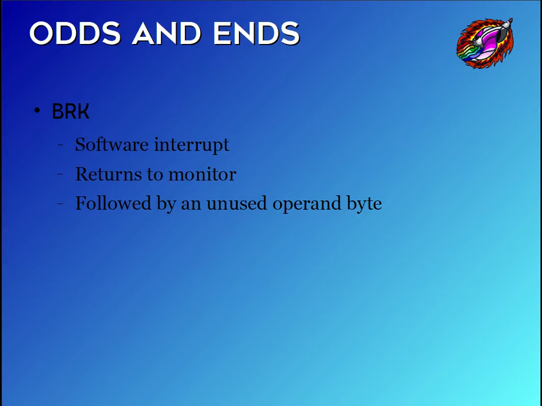Because in theory, you could return from a BRK and execute the code following it. And if that code doesn't allow for that operand byte, things can be a little confusing. So that's a little bit of a caution there, and I'll get into that when we get into the actual code. All right, so let's go ahead and go into a text editor and start building up our example code.